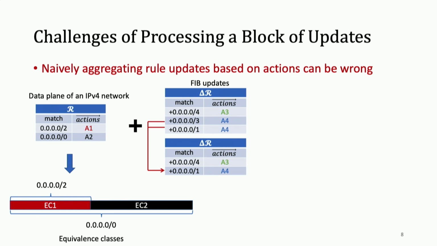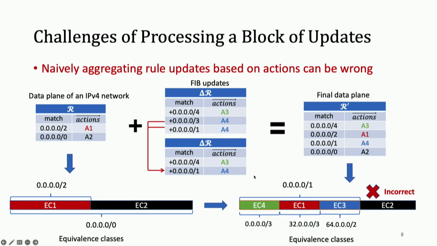One idea is that if we look at the updates, we can see some updates have similar actions. Can we group them together? So let's try to group these 2 updates into one. Since /3 is covered by /1, we can merge these 2 together and reduce to the new delta R. However, if we look at this composition, by composing R and delta R together, this will lead to inaccurate results.